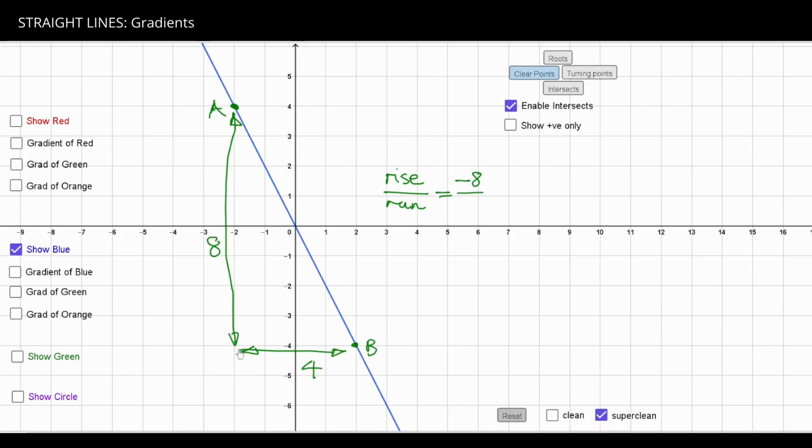And our run is still positive because we're going the way we read, from left to right. So that's okay. So this is 1, 2, 3, 4. -8 divided by 4 is -2. So this line here has a gradient of -2.